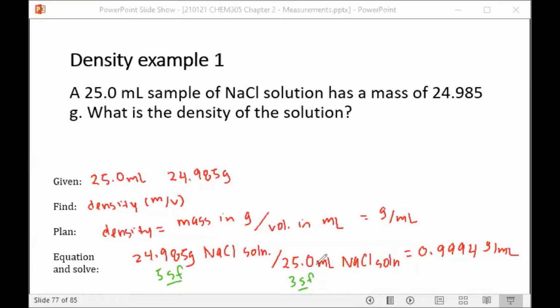So it's a division problem, so our final answer is limited by whichever number had the fewest sig figs. So 3 sig figs was the lowest amount, so we should have 3 sig figs in our final answer. So I'm going to look to the right. It's a 4. So my final answer will end up being 0.999 grams per milliliter is the density of this solution.